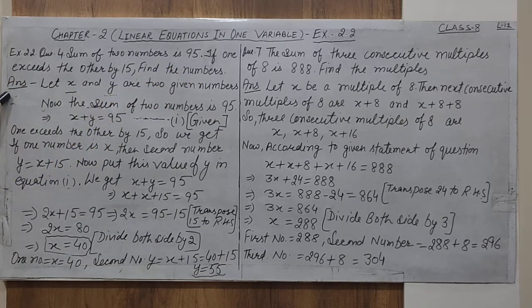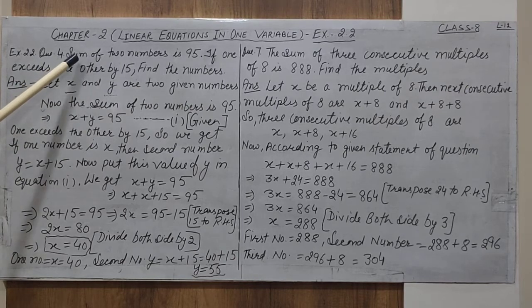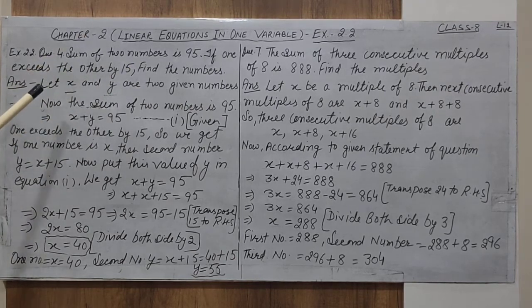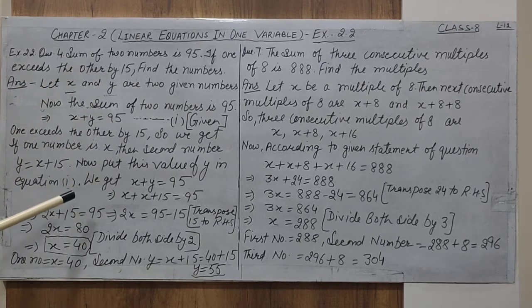Now start the question. First of all, the question is the sum of two numbers. Two numbers are given and the names of the numbers are not given. Now let, meaning you have to suppose the numbers, only then can we start the question, only then can we change the given conditions into mathematical equations.